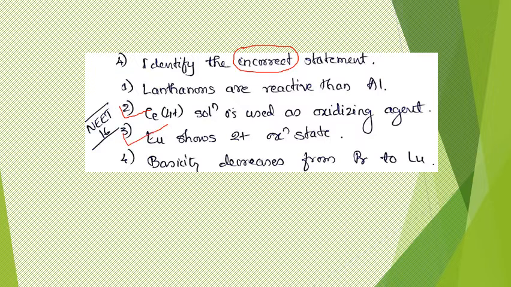Then option 4, basicity decreases from promethium to lutetium. Size decreases, and because of size, in fact they are talking about basicity of the corresponding oxides and hydroxides, so even if they just say promethium to lutetium, you can understand that you can consider them to be the hydroxides or oxides, nothing wrong.